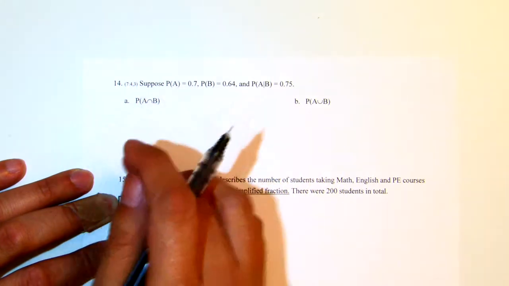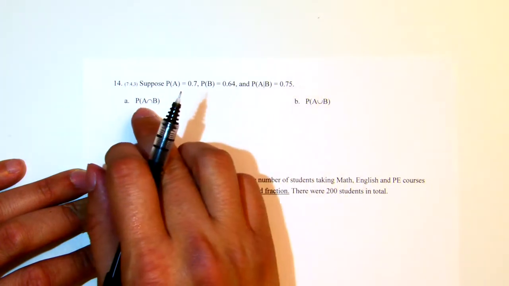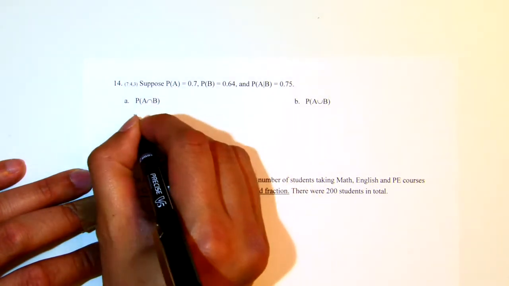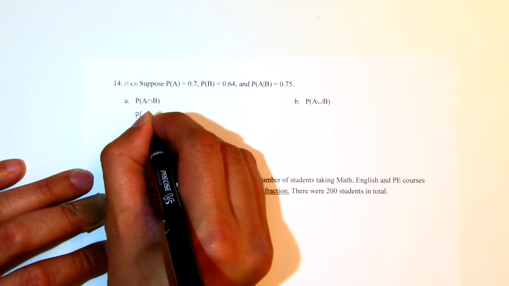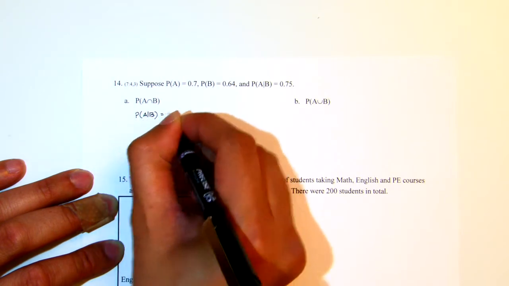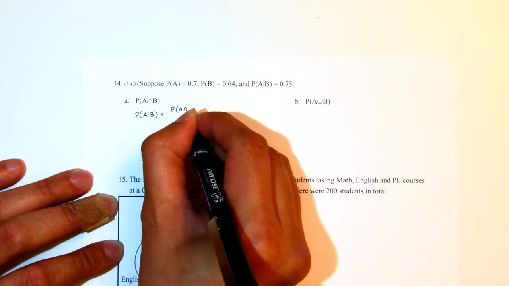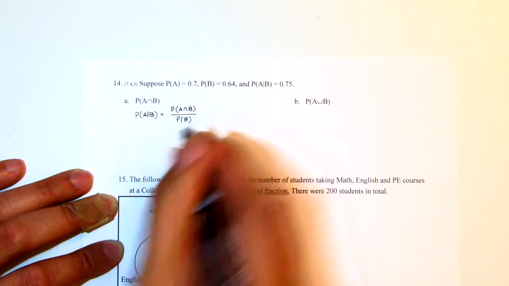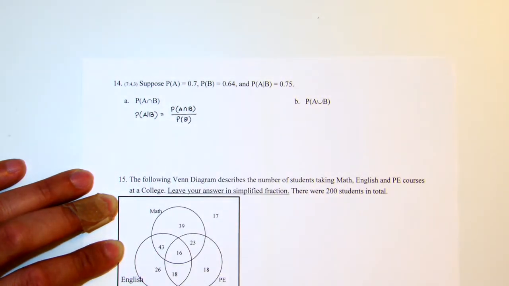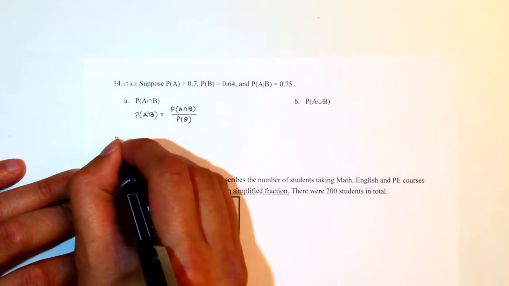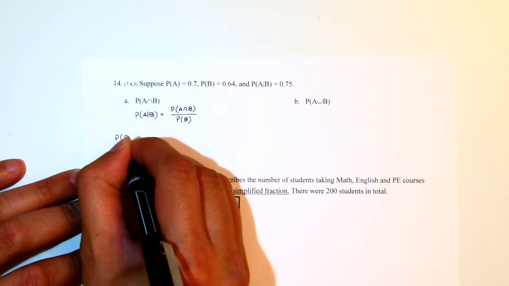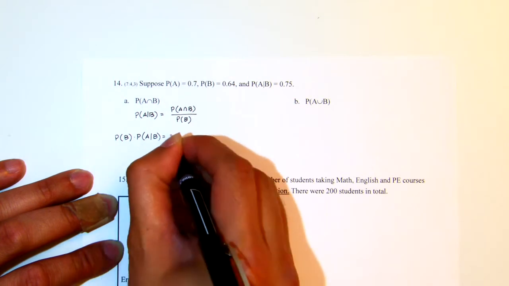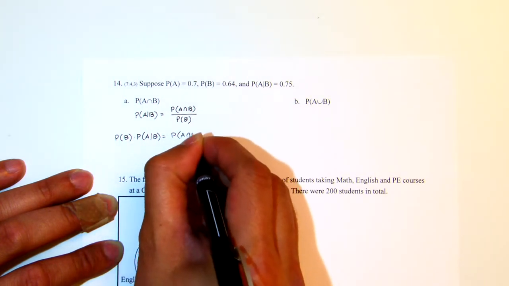The formula that involves the four things here, actually only three of them necessary, is the following: probability of A given B is equal to the probability of A intersection B over the probability of B. Which, if I modify a little bit, is pretty much the probability of B times probability of A given B equals the probability of A intersection B.